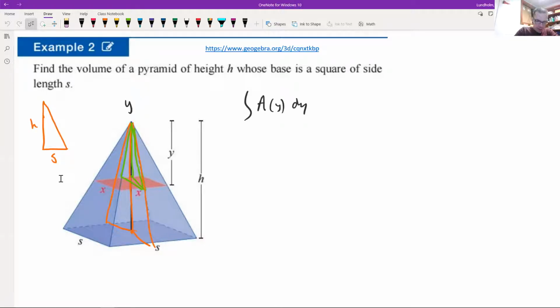And so that would have some kind of slant height, but maybe we don't even have to figure that out. With the green triangle, that would be equivalent to y and x here.